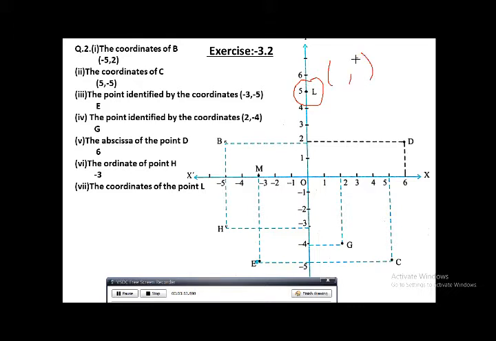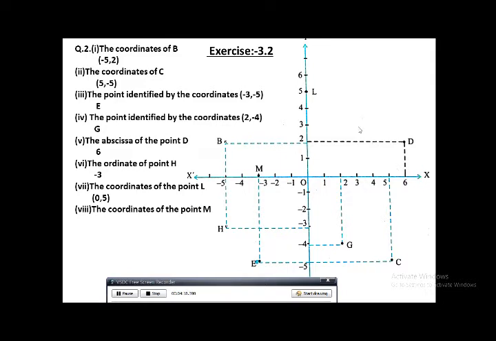Here y is 5, but what will x be? x will be 0. So the coordinates of point L will be 0 comma 5, because on the y-axis x is always 0 and on the x-axis y is always 0.